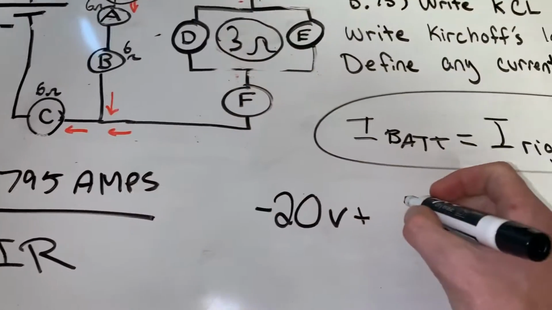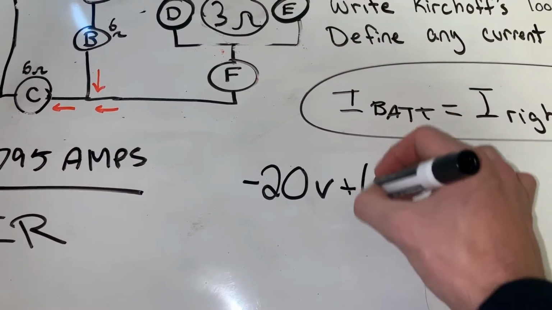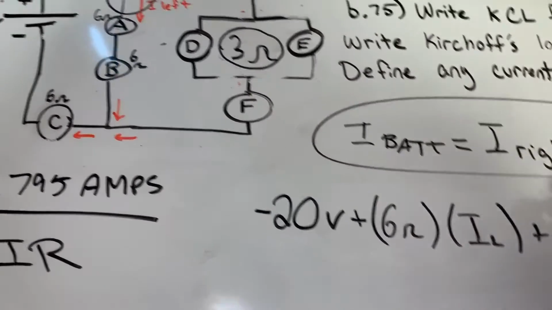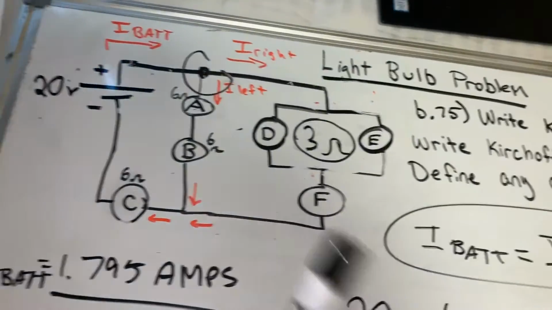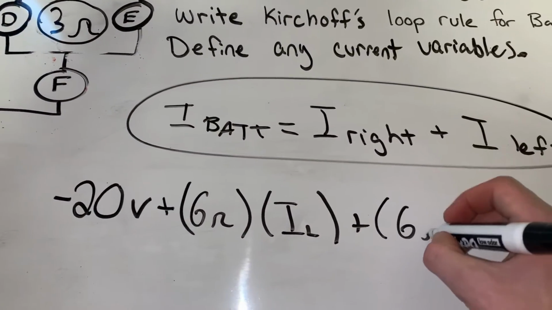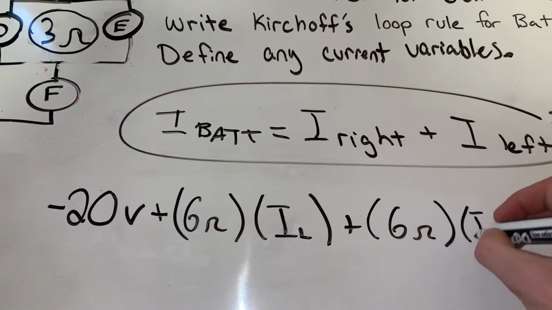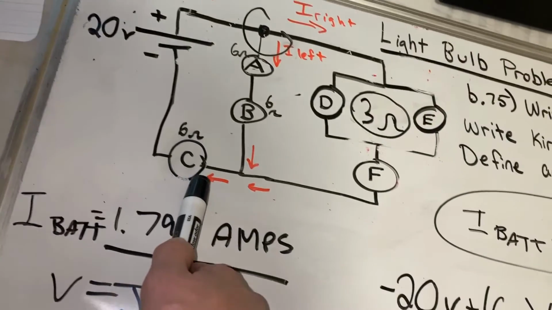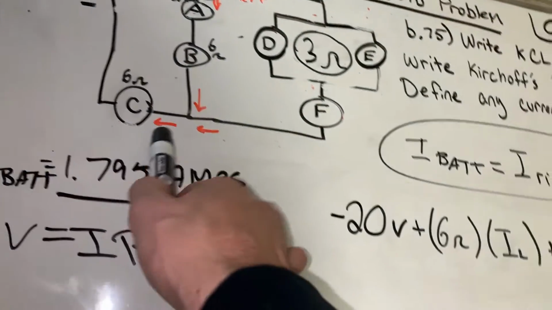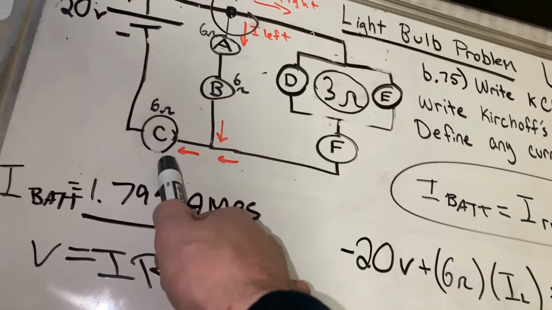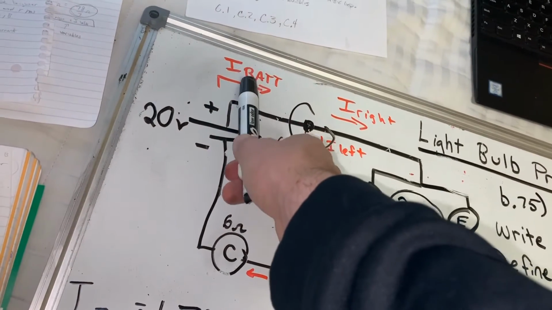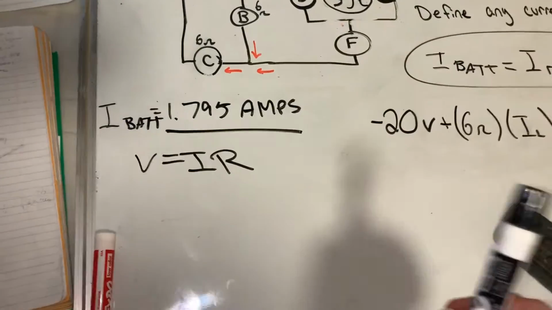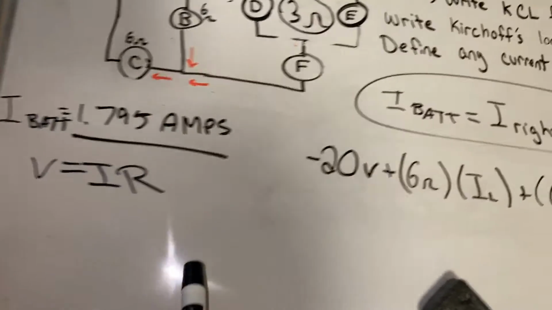So we have 6 ohms times IL, and that's for bulb A. Now we're going to do bulb B, which is also 6 ohms times IL. And now C is going to be different because in this circuit, C has 100% of the battery's current. So C is going to have I battery.